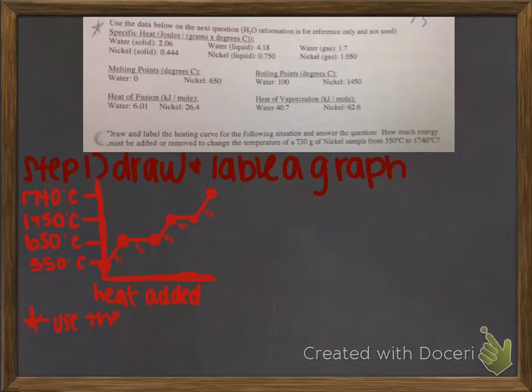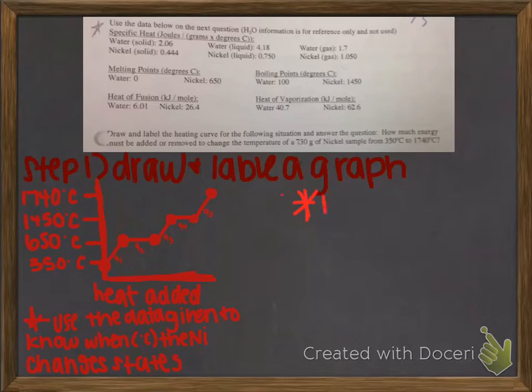So again, make sure you use the data above to find out when the nickel is changing phases. If you look above, it also gives the phase changes for water, but we aren't using water in this problem, so we don't need to use it.